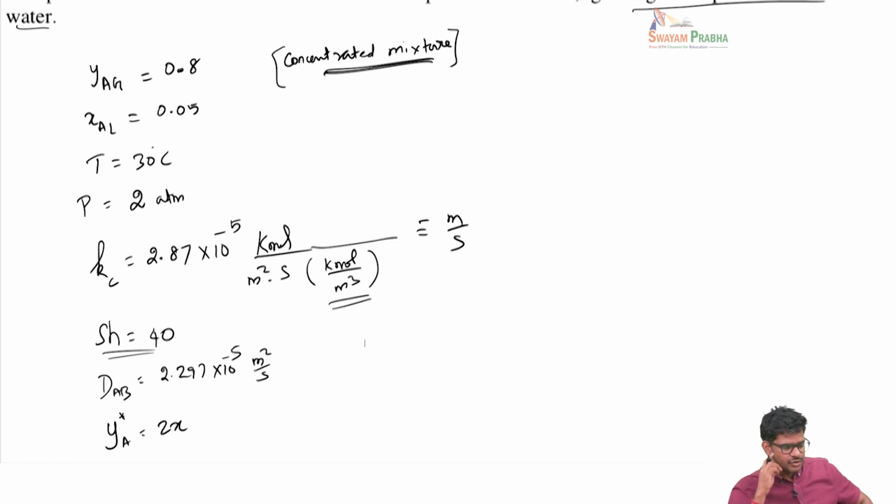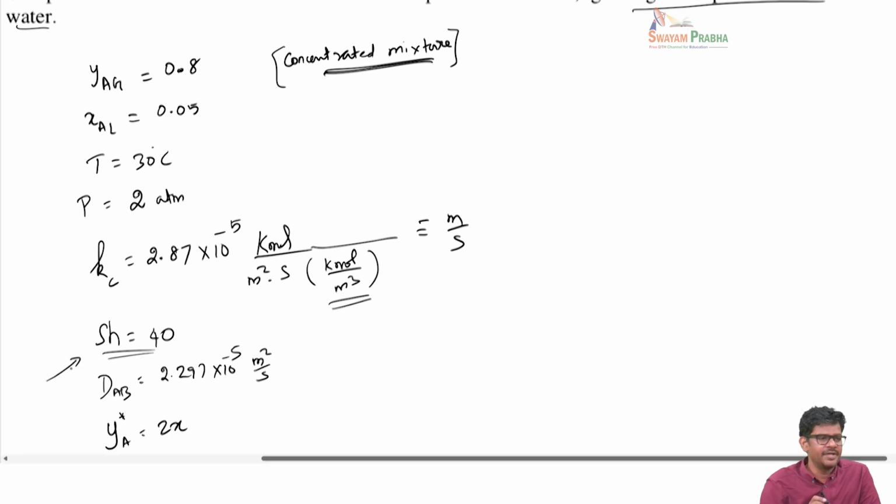Now one of the challenges you might feel here is the mass transfer coefficients are not given in the right unit and you have to convert them. That's where you need the pressure and temperature, because you need to convert the units from concentration to pressure and so on. So that's where this temperature and pressure will be used. And another complication in this problem is that this is a concentrated system, like I said before, and also it's A diffusing through non-diffusing B type.